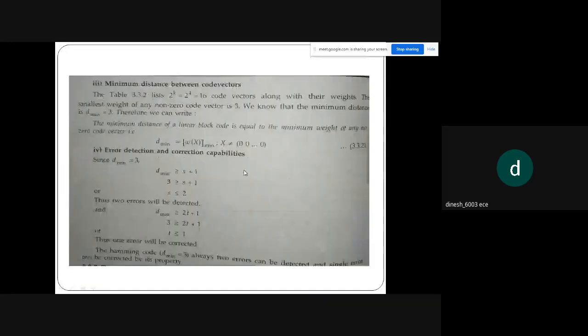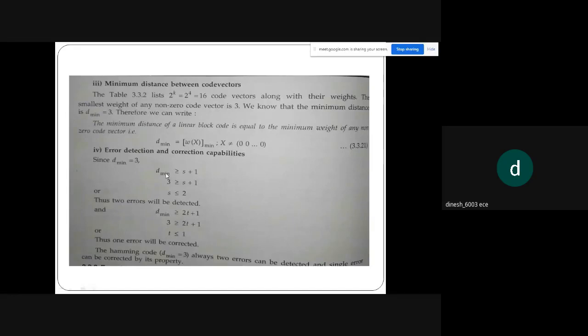So from this we can see, apart from the zero code vector, for the non-zero code vectors we get the minimum distance as 3. So the smallest weight of any non-zero code vector is 3. So this is how we find the minimum distance between code vectors.